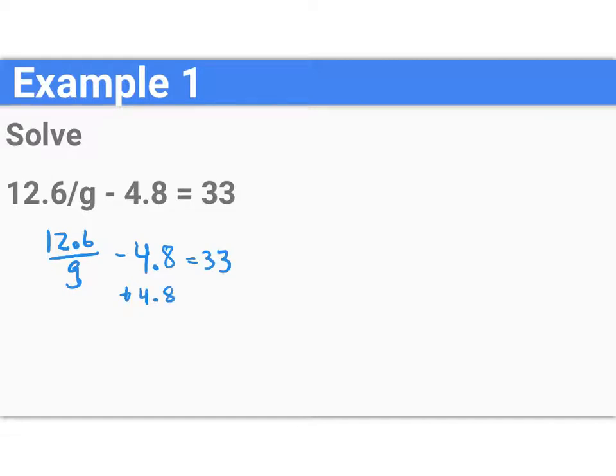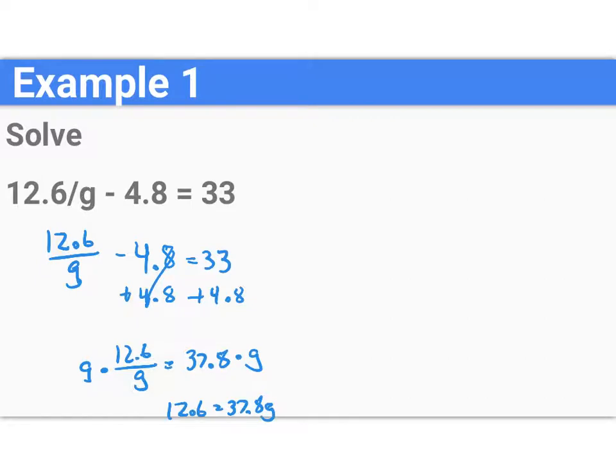So I'm going to add 4.8 to both sides. That's the first step. Now you do one step, rewrite your equation. 37.8. The next thing we have to do is multiply both sides by g. You get 12.6 equals 37.8 g.